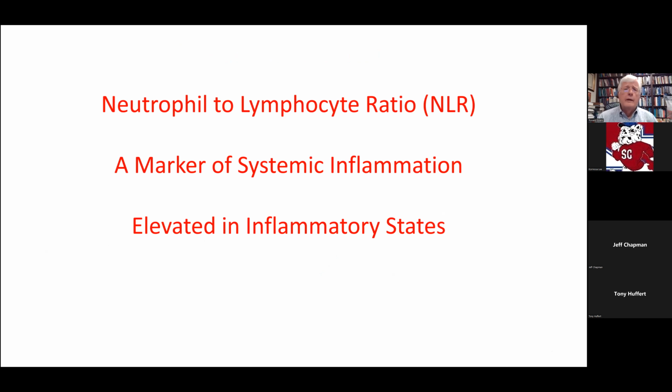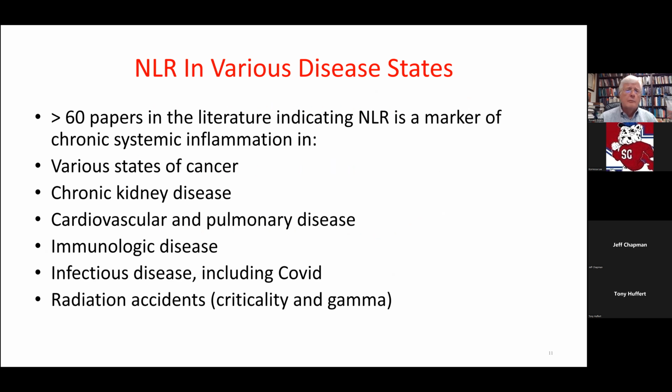The neutrophil lymphocyte ratio is a nonspecific marker of systemic inflammation, and it's elevated in many different inflammatory states. I was actually somewhat shocked when I did a literature search on this.